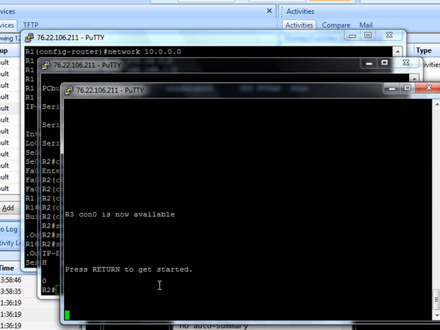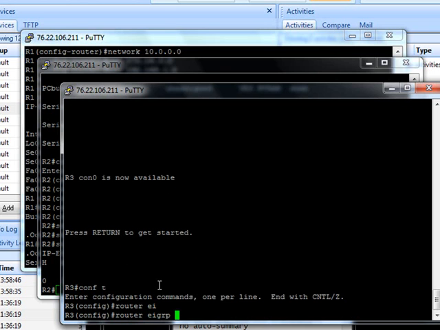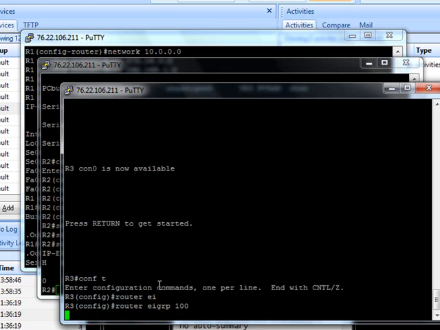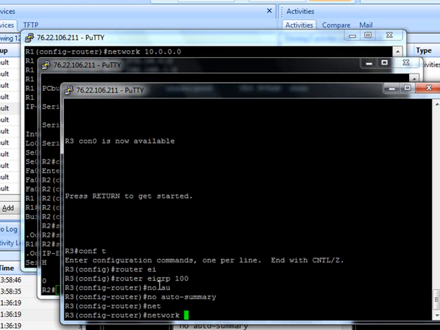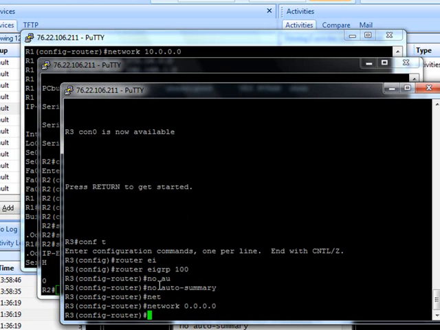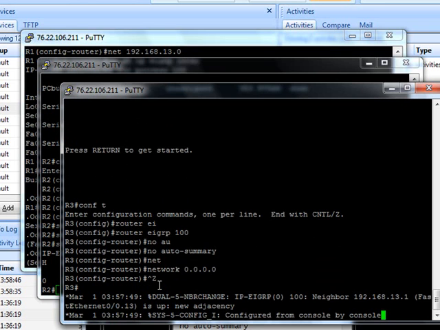Router 3, let's just make things really, really easy. Configure terminal. Router EIGRP 100, no auto summary, and then let's just do the catch-all command, and it should bring everything up. So we should have two neighbor relationships between R3 and R1.